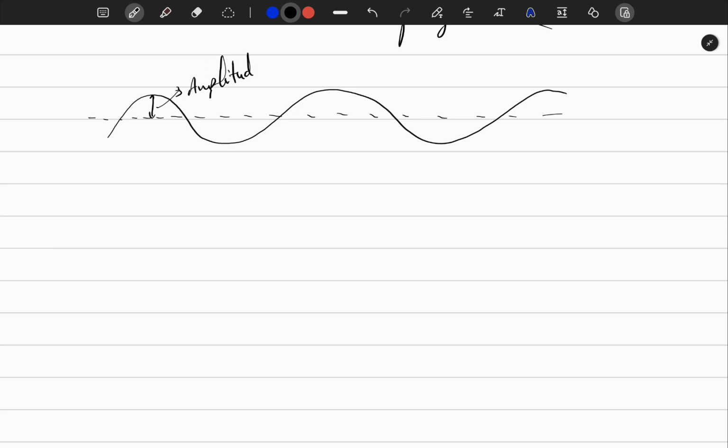For example, if this is a wave, then in between this is called the equilibrium position, and this will be called the amplitude of the wave.